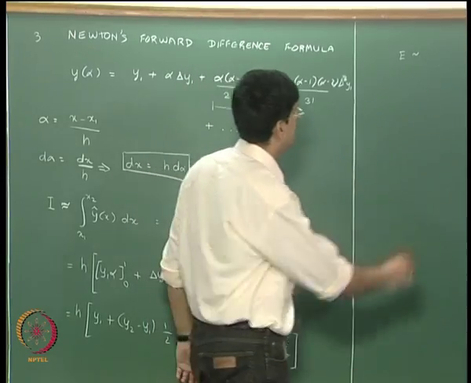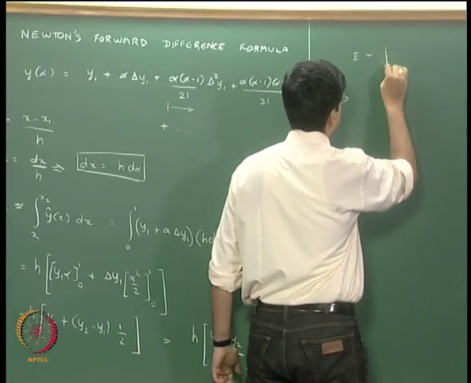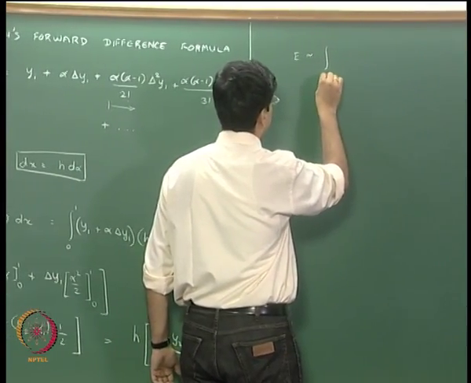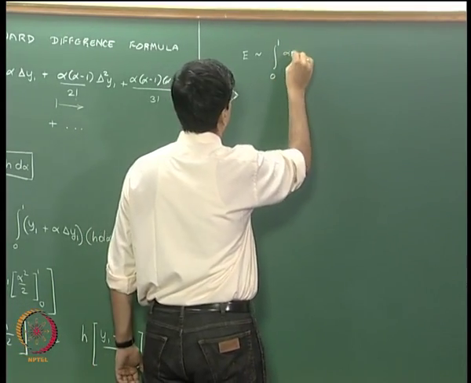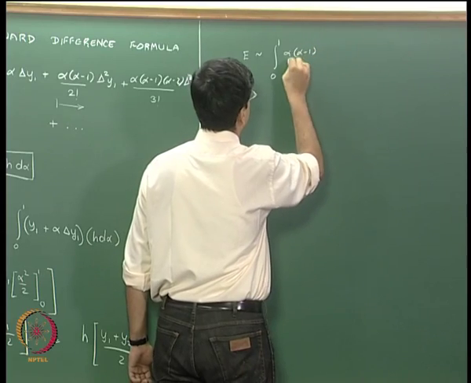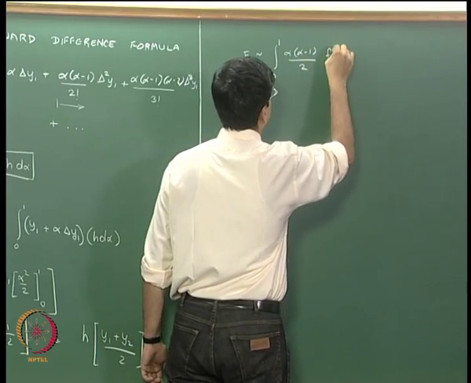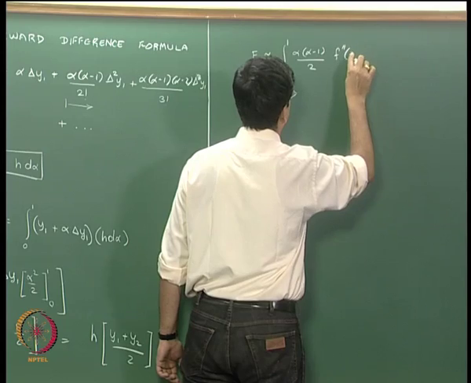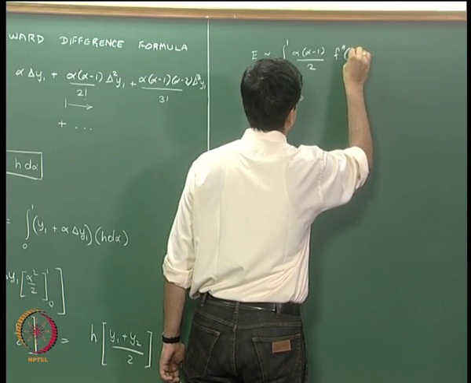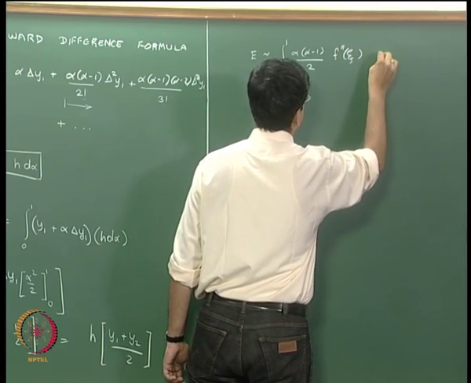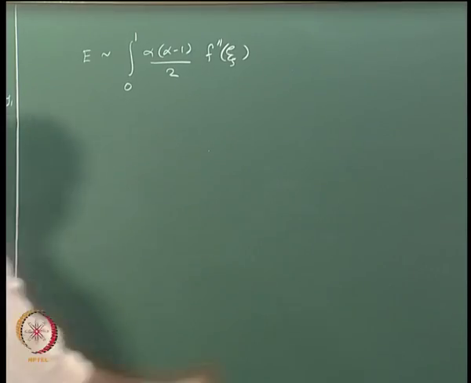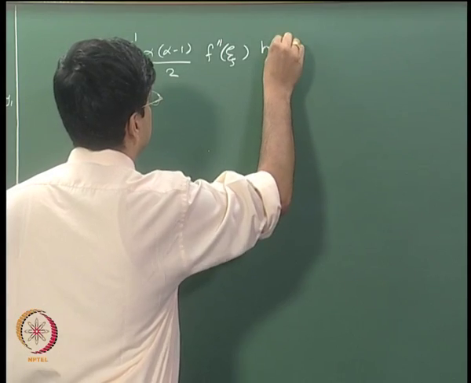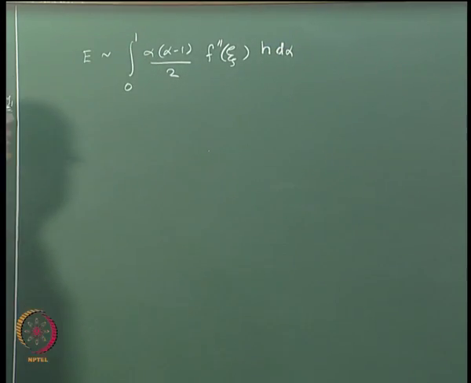So error in the trapezoidal method is of the order of the integral from x1 to x2, or the integral from 0 to 1, of alpha multiplied by alpha minus 1 divided by 2 f double dash of zeta, okay, and dx will be replaced by h d alpha, okay.